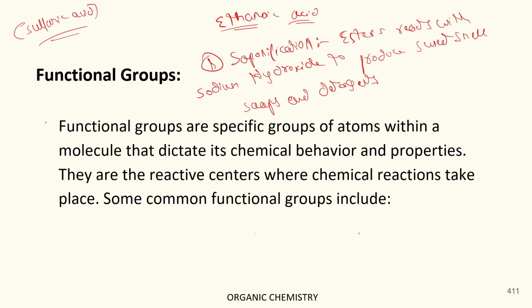Got it? So if you remember, during the acids and bases chapter, I had told you that base is basically used for soap manufacturing. Got it? So saponification is a process of preparing soap from the ester.